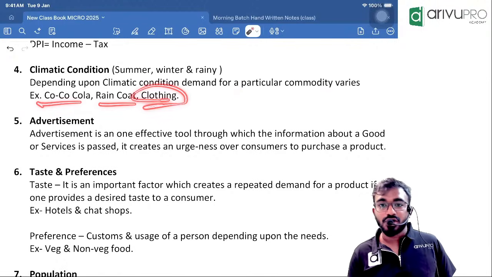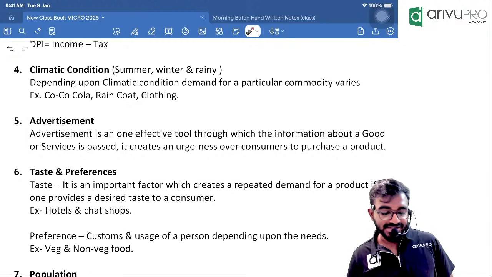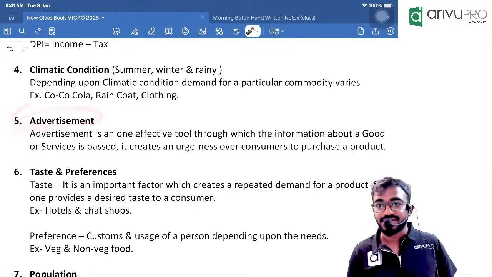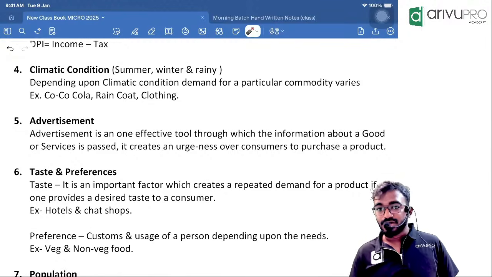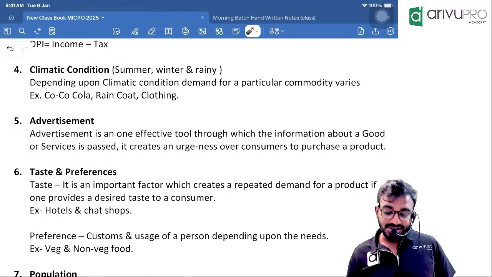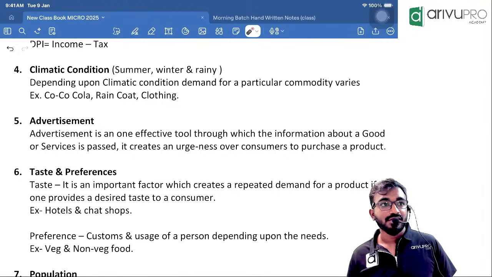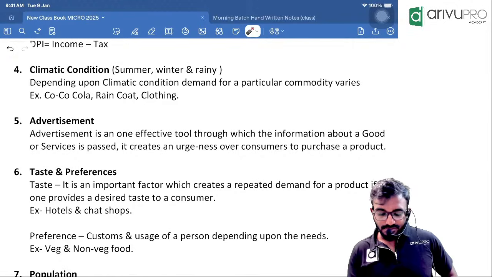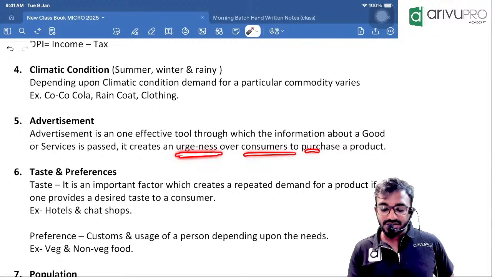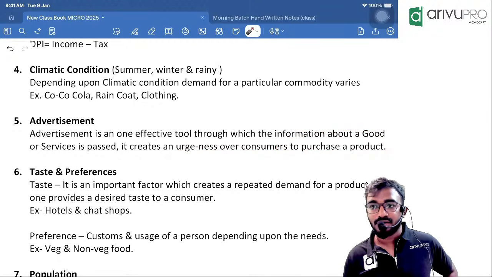Coca-Cola, raincoat, clothing, these all can be the example. Next comes your favorite point. What is it? Advertisement, which passes information to the customers, which tries to instigate them through an advertisement. Instigating, that is urgeness over the consumers to purchase the product.